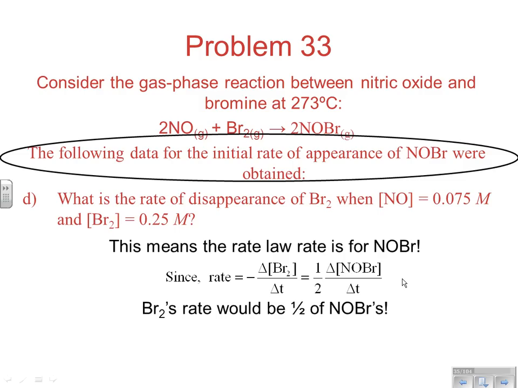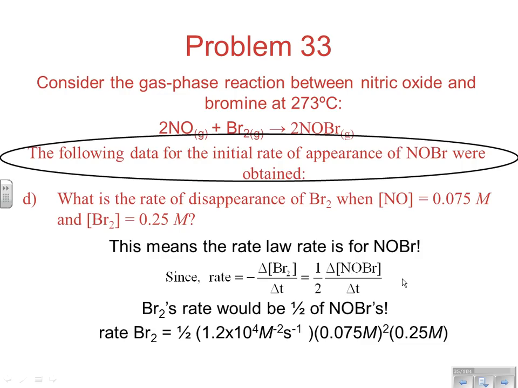Now remember the relationship here. Br2's rate is going to be half of the rate of NOBr. So if we take our rate law expression from the viewpoint of NOBr, remember our rate law expression, and this is the rate from the data of NOBr with respect to NOBr: the rate of NOBr would equal k times [NO] squared times [Br2].